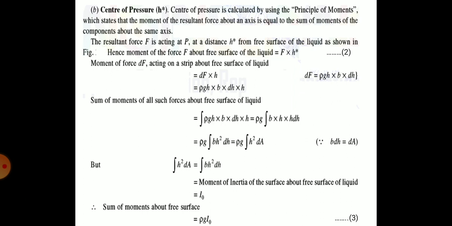The moment of force dF acting on the strip about the free surface of the liquid is equal to dF into h, but we know dF is rho g h into b dh. Therefore, the moment of force dF acting on the strip is equal to rho g h into b dh into h.